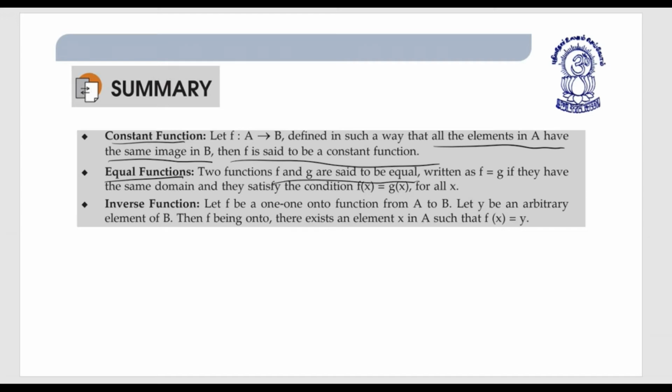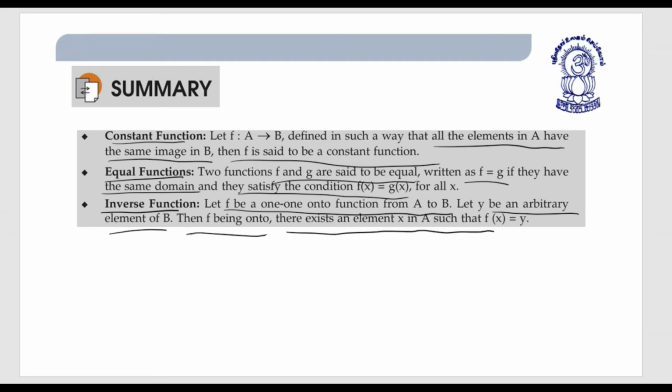Equal functions. f and g are said to be equal, f is equal to g, if they have the same domain and they satisfy the condition f of x is equal to g of x for all x. Inverse function. Let f be a one-one onto function from A to B, y be an arbitrary element of B, then f being onto, there exists an element x in A such that f of x is equal to y.